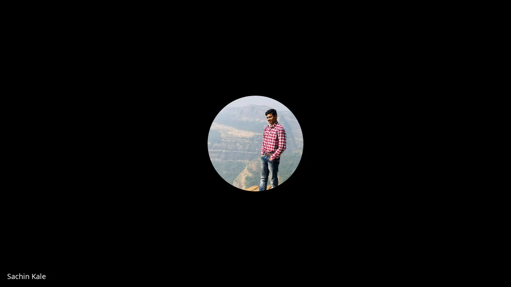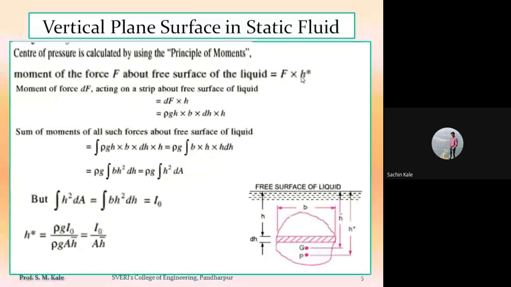By doing the calculation, finally I will get the value of h star: h star is rho g I0 divided by rho g A h bar. How are we getting the value of h star? We have to equate the moment of the resultant force F into h star with the sum of moments of all small forces about the free surface, which is rho g into I0.